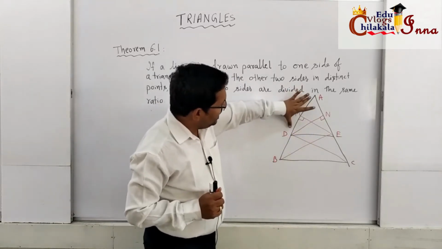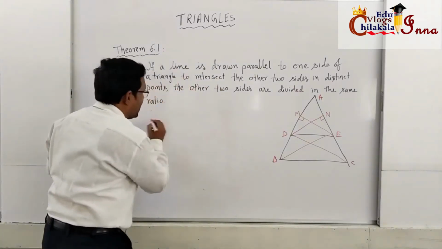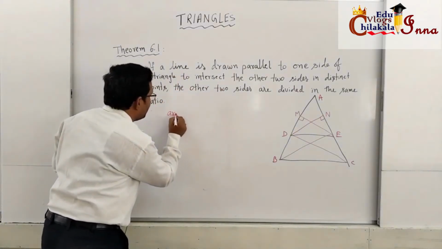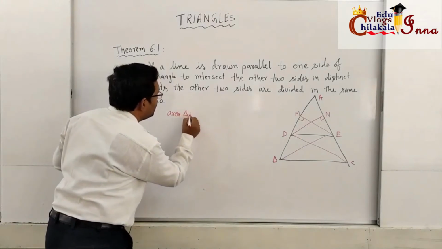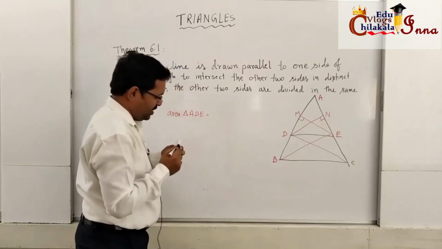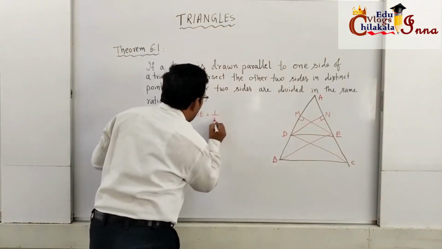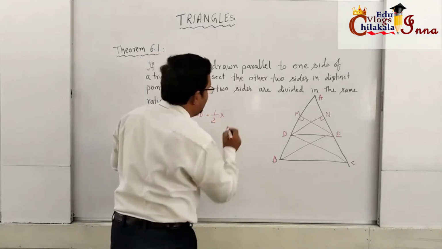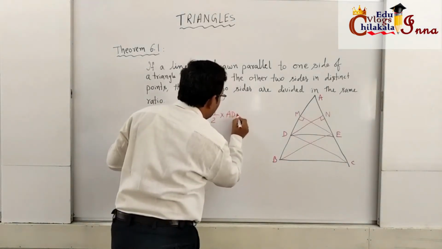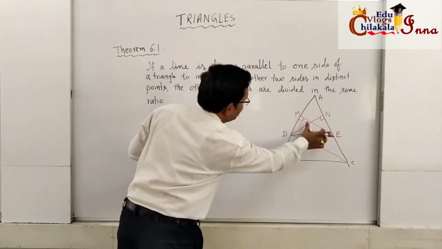Here, what is the base? Base is AD, and EM is the perpendicular, that is the height.